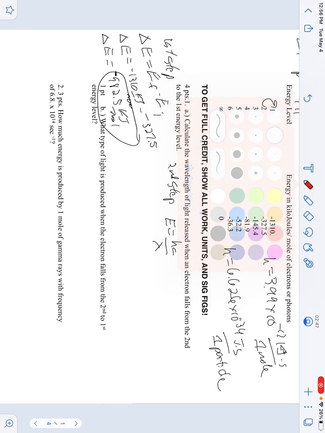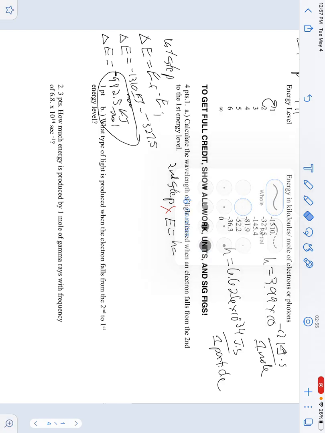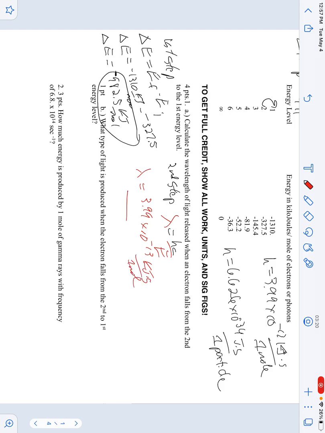I'm going to do my algebra. Then I'm going to divide by E. So now I've got my equation, lambda is equal to hc over E. So now I'm going to take my 3.99 times 10 to the negative 13th kilojoules times seconds per mole, and I'm going to divide that by my energy.